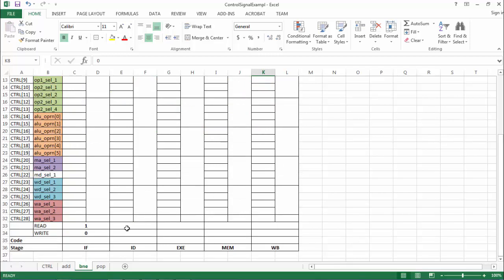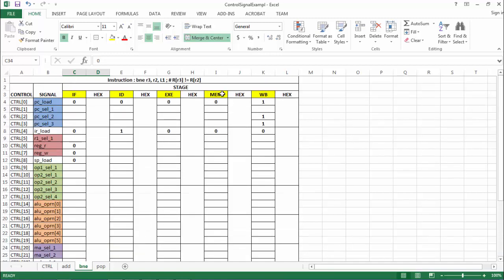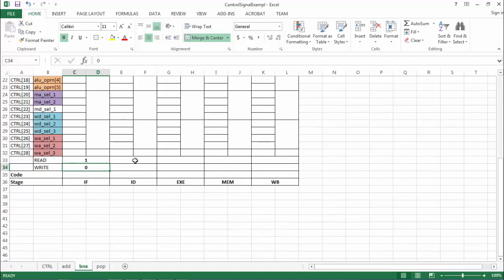And let's take care of the memory as well, right? Only at this point memory read should be there. Everything else should be hold, and we are not doing any other memory read or write at this point because they are not memory LW or SW kind of instructions.